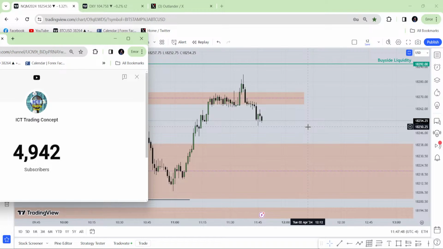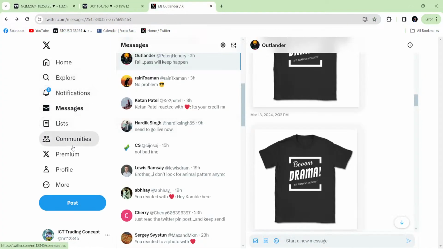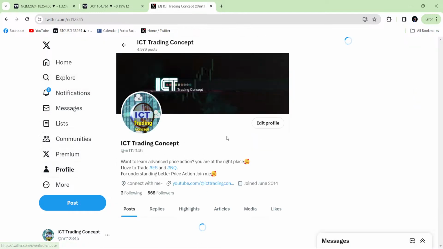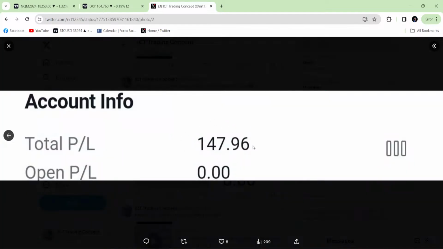Show verified PNL. What is PNL? Okay, profit and loss. I actually do that every day on my Twitter. If you go to my Twitter, I had this, but today I got a loss.